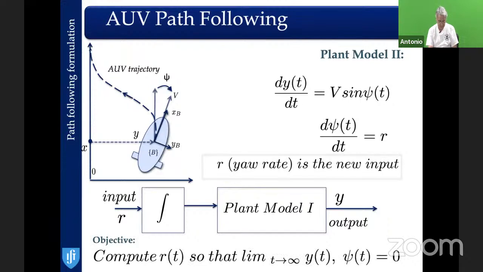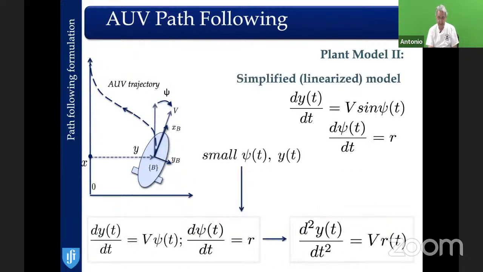So let's still do the linearization. So if I linearize, this is the original model here, okay? So for small psi, actually y doesn't have to be small, but fine. Then what you get? You linearize this one and you get what we had before. dy/dt is v psi, and the other one is already linear.